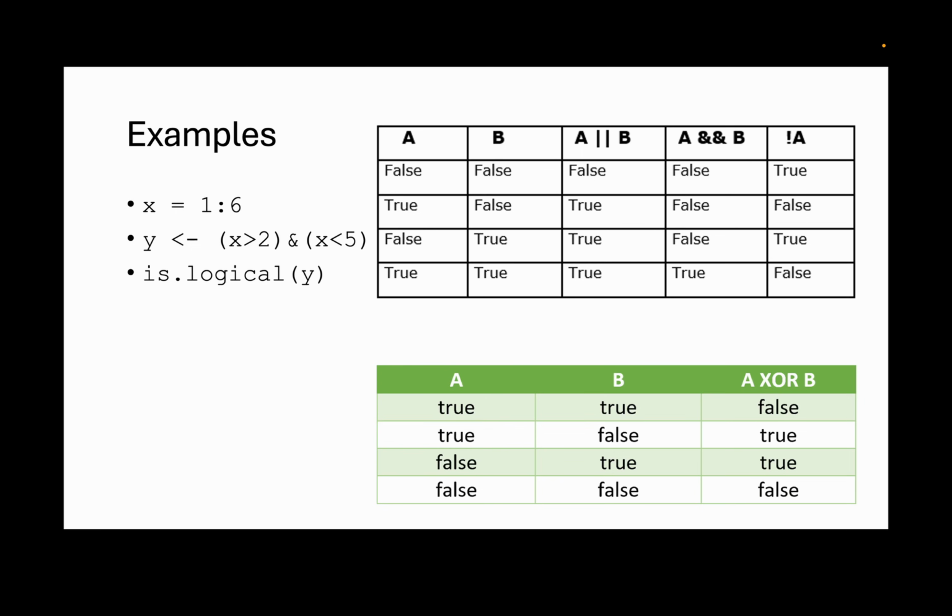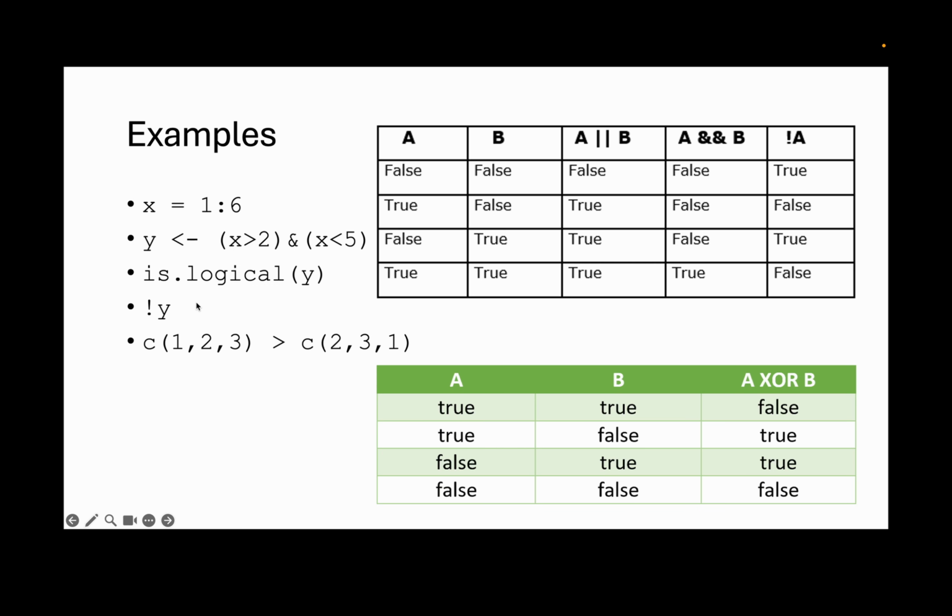Similarly, you can check if any particular output is logical or not. For numbers or strings, we were using is number, is character. For logical, we use is logical, and again the output will be false. And negation, I already told you how it works.